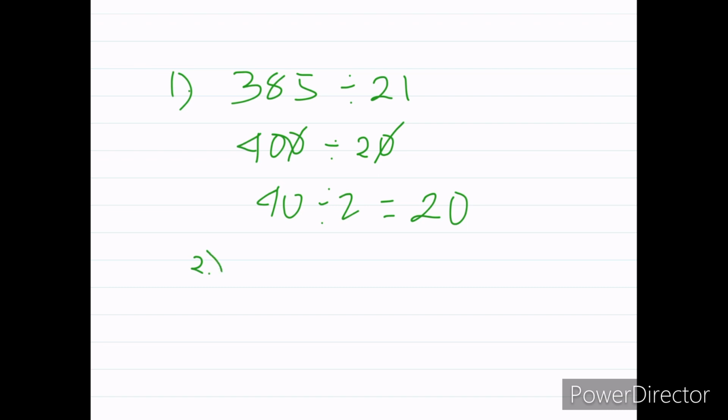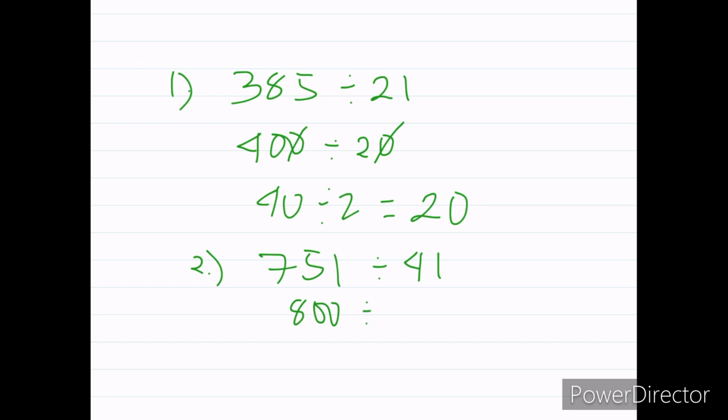Next, another example. How about if we have 751 divided by 41. So 751, estimate natin, it becomes 800 because we rounded it to the nearest hundreds.